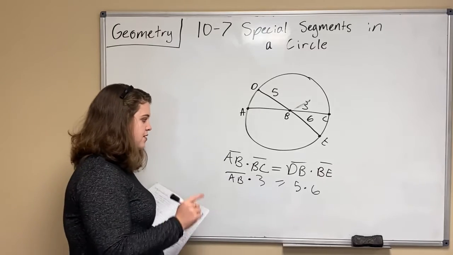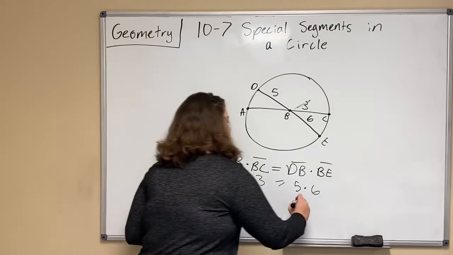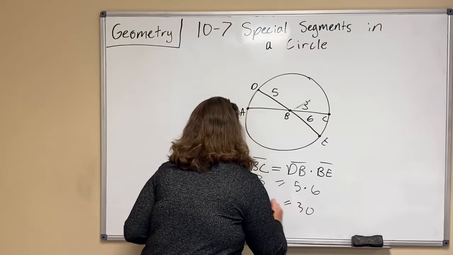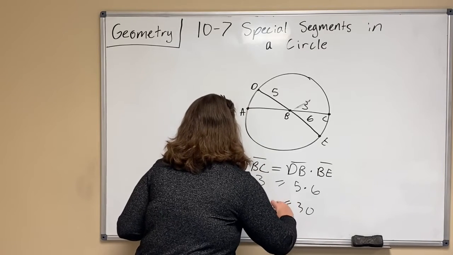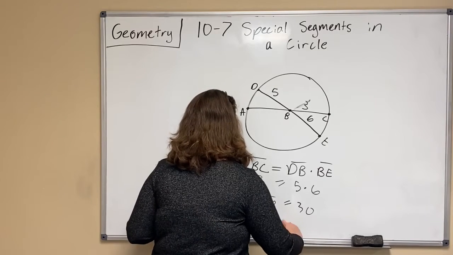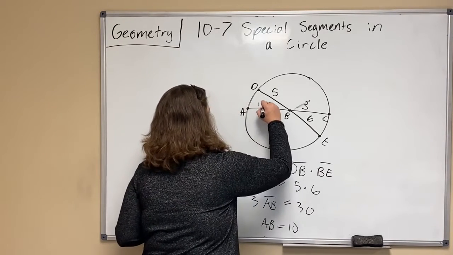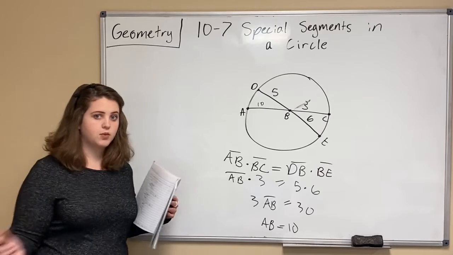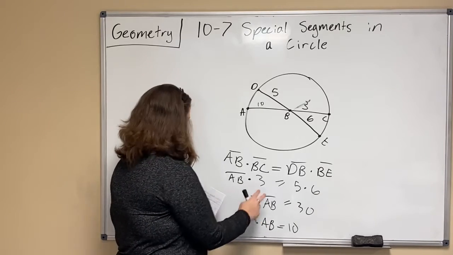So I would do 5 times 6, which is 30, equals 3 times AB, and I would divide by 3, and I would get AB equals 10. Pretty straightforward. Follow this equation.